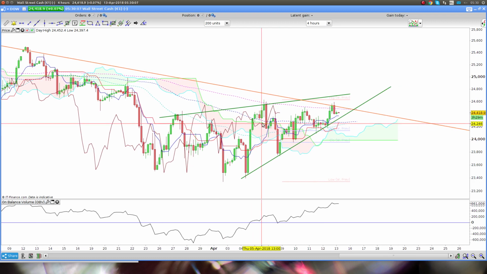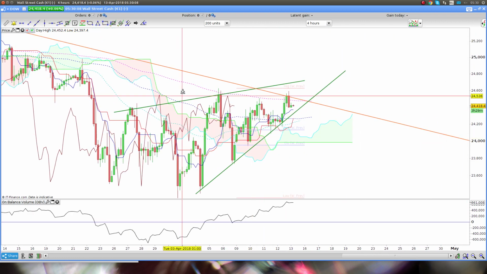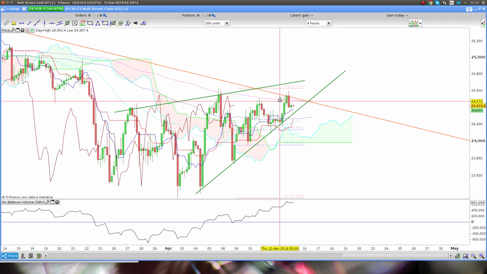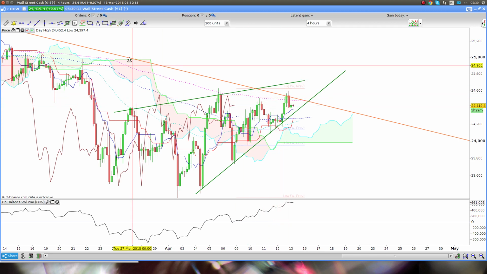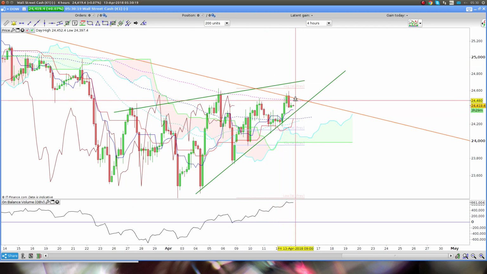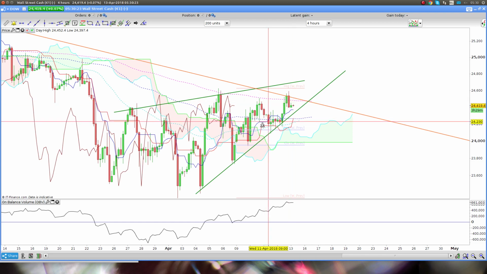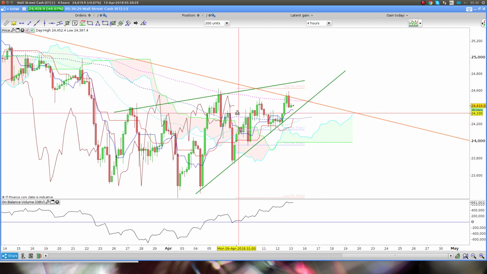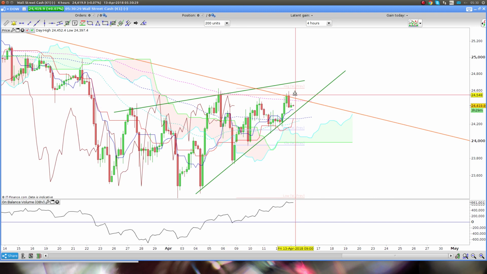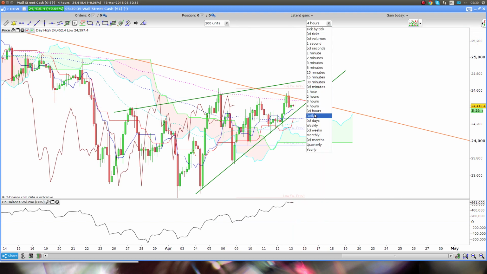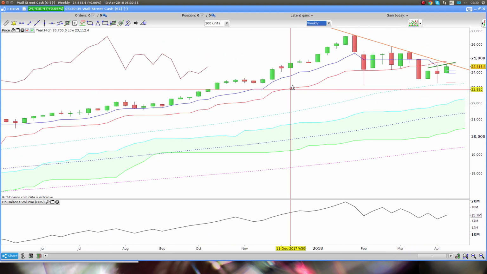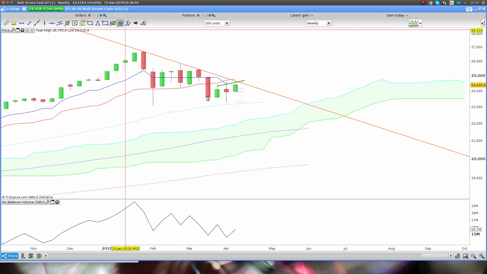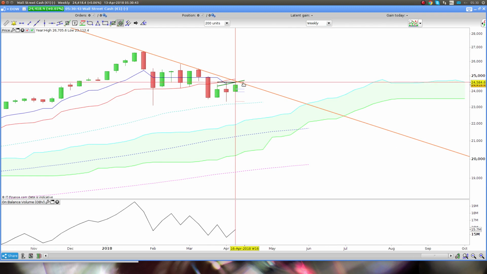Again, the 200 EMA on the 4 hour is offering resistance, and it lines up perfectly with this downward trend line. So there's a couple of things at play here. Firstly, we have sort of a double top between here and here, but we've also broken up to the upside. Now if you remember, we are talking about this weekly range.